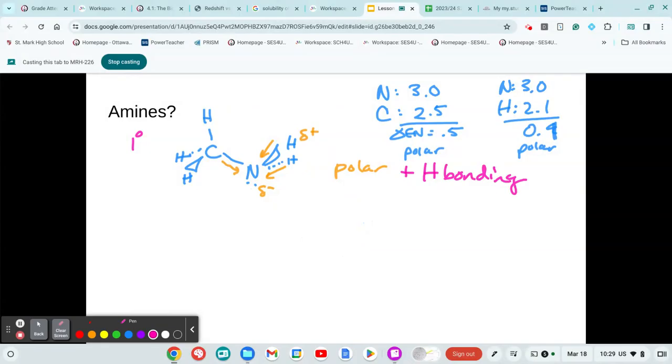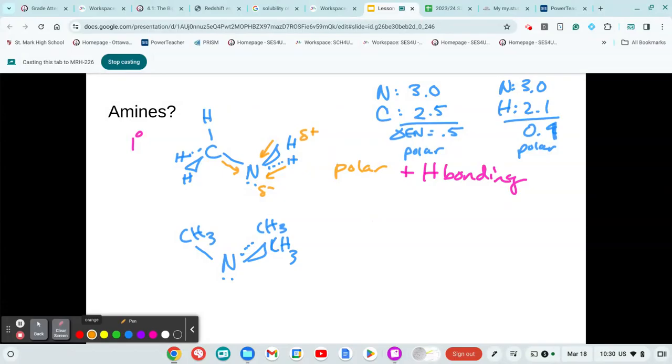I'm going to draw as well a tertiary amine. Here, I've got the nitrogen attached to 3 methyl groups. So this is trimethylamine.